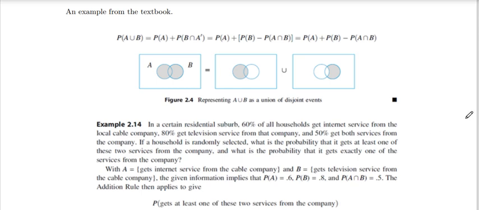From the textbook, they emphasize the formula: P(A or B) equals P(A) plus P(B) minus P(A and B). So for A or B, we can use A plus B, but the overlap, A and B, we counted twice, so we should subtract it, right?